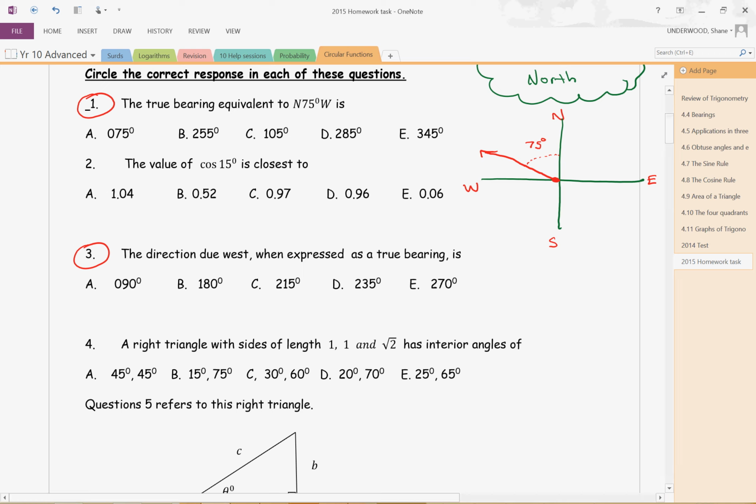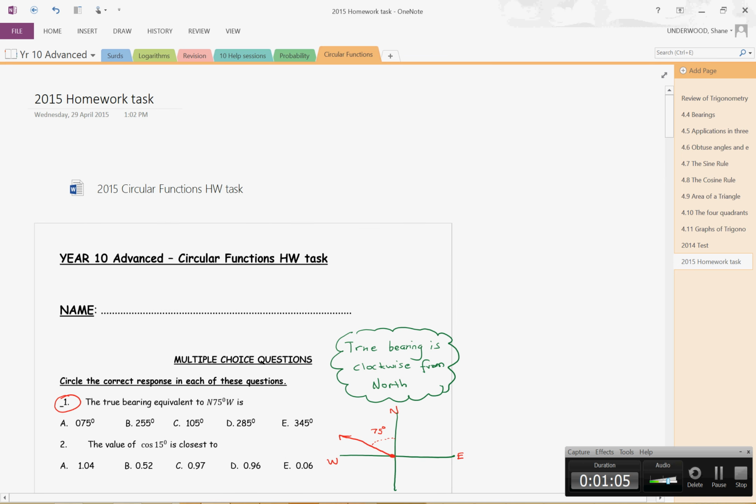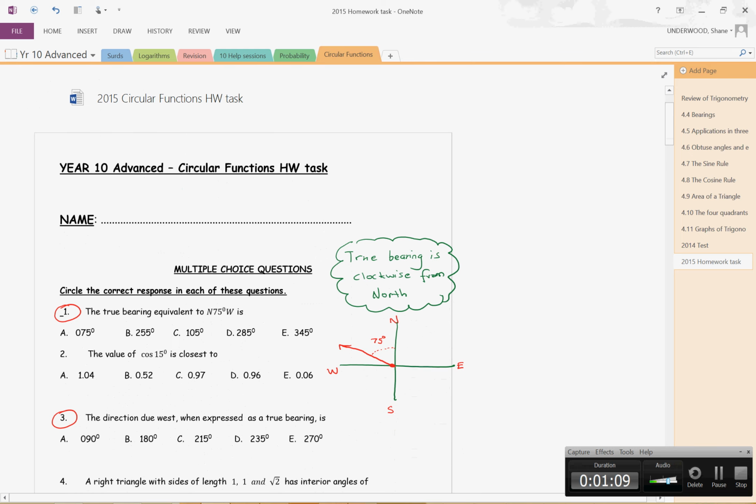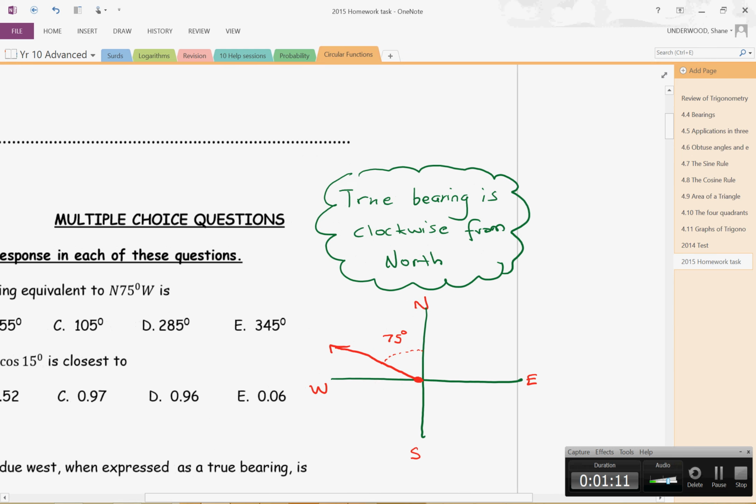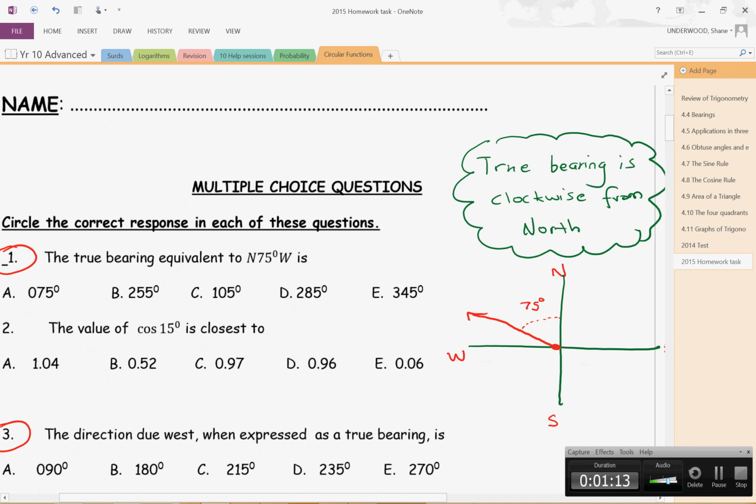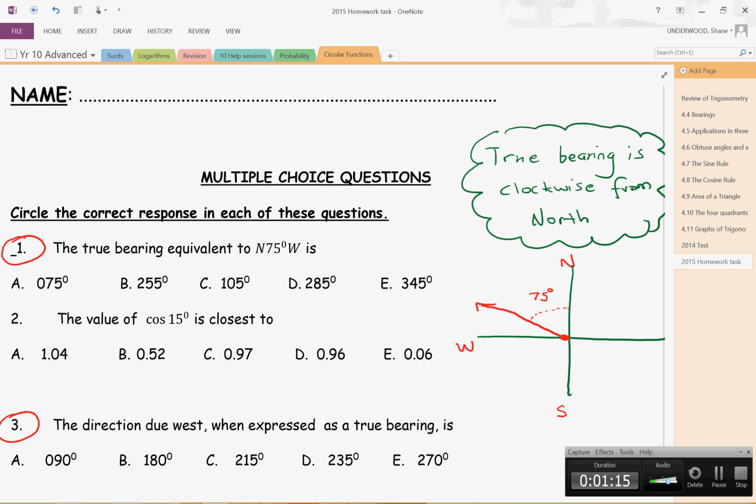Okay, now first of all, I wanted to make a bit of a note that true bearing is clockwise always from due north. So if we're told that the true bearing equivalent to north 75 degrees west means that we're starting here and we're going this way 75 degrees, so this angle must be 15 degrees.